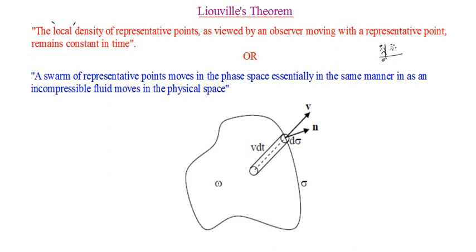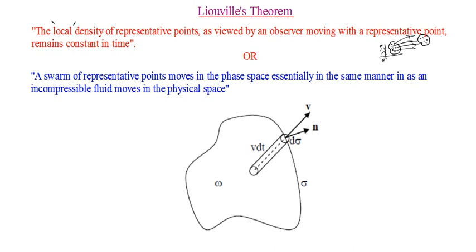And this observer is observing some value of rho here, right? And now with the passage of time, let each of these representative points flow. All these representative points will be moving. And let me say that at a later time, the representative point has reached here.